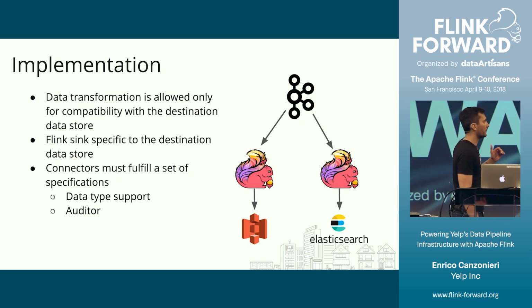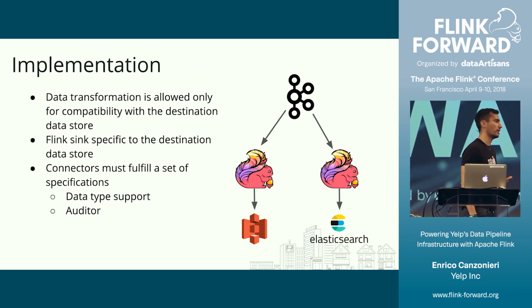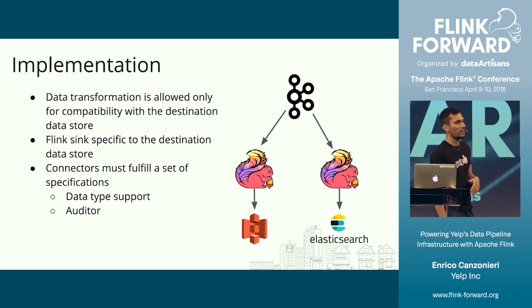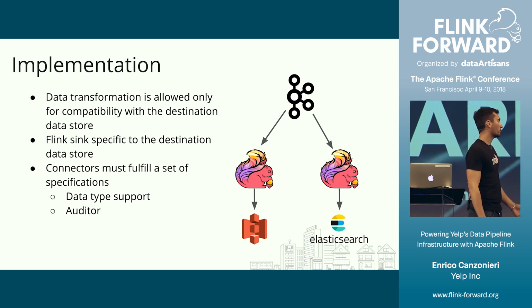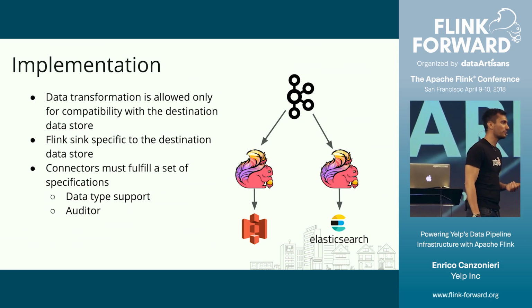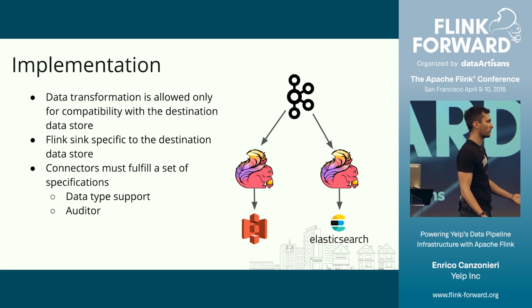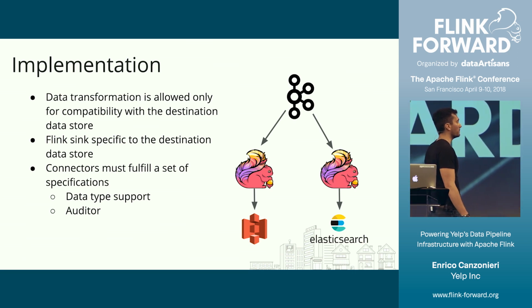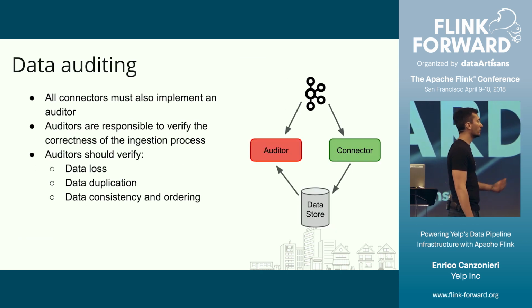First of all, they can't really do any transformation, just the minimum transformation necessary to make the connector compatible with the destination data store. And then they have to support a minimum set of Avro data types so that they are actually reusable for any other data. And then they must come with an auditor. The auditor is actually really important here.